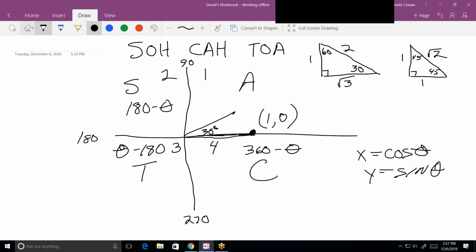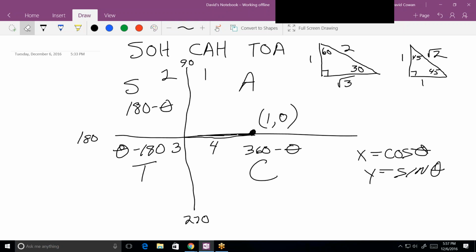No, look at this. Remember the x-coordinate is cosine of that angle. Let me erase the 30-degree angle so it's not getting in your way here. I'm talking about a 0-degree angle, which represents the heavy black line. And I know that since I'm talking about a unit circle, this coordinate is 1, 0.